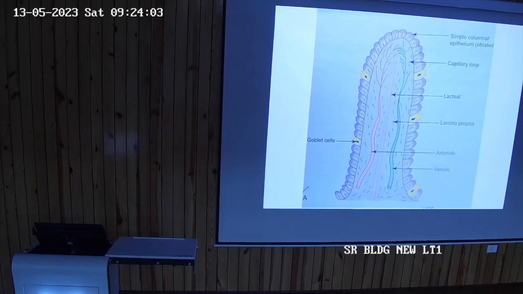The function of the lacteal is absorption of fat. Nearby the lacteal there is the arteriole, and on the other side there is the venule. And the rest of the part shown here in the diagram is the lamina propria. Nothing else. So this is the structure of the villus.